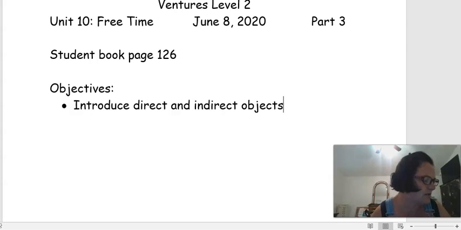So the direct object is the present and the indirect object is Mary or her. If you flip the sentence to say Tim gave or bought Mary a present or her a present, the indirect object would come first, being Mary or her, and the direct object would come second. So you're just flipping those statements around.